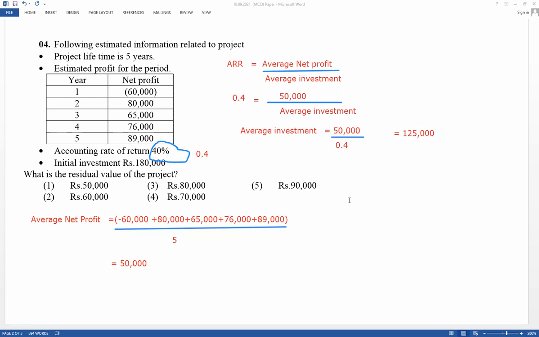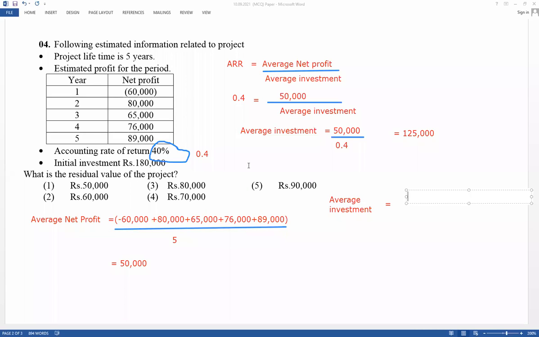Now think about the average investment equation. Average investment equals opening investment plus closing investment divided by 2. As opening investment, you have to consider the purchase price, the initial investment, which is given.